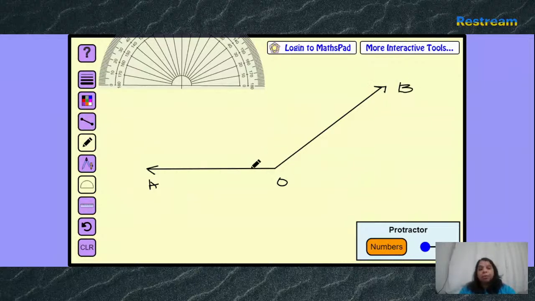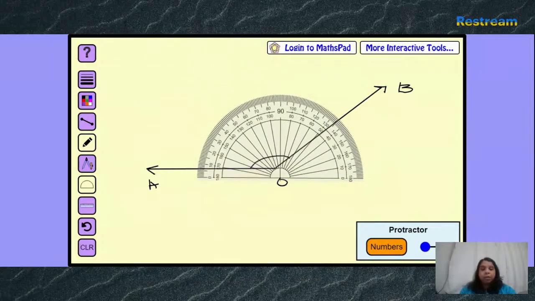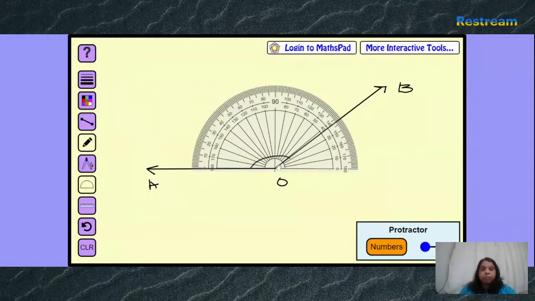Now the angle that I'm going to measure is this part of the angle. So again the same thing: place your point at the vertex, match your zero line with the arm that is downwards, and then start counting. Now the arrow is pointing towards this side, so I'm going to use this zero.